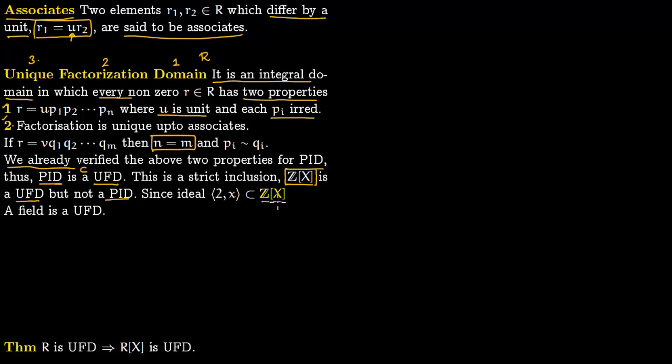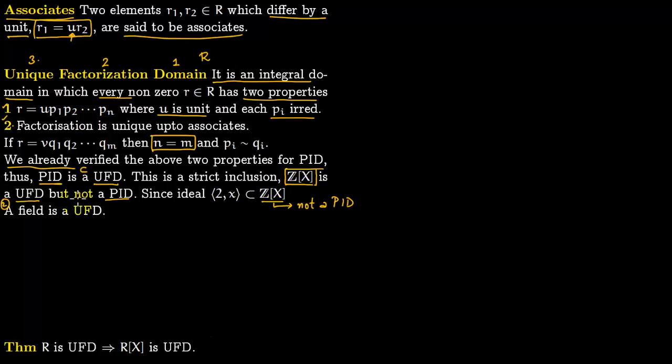So Z[x] is not a PID, simply because you cannot generate this ideal with a single element. Another example, number 2, is that a field is also a unique factorization domain.